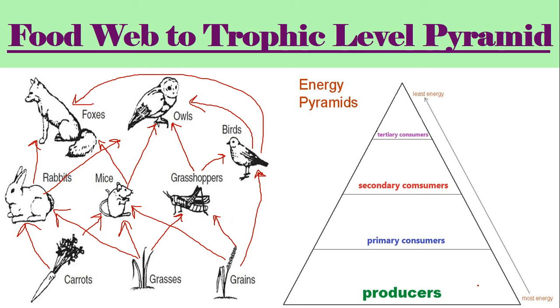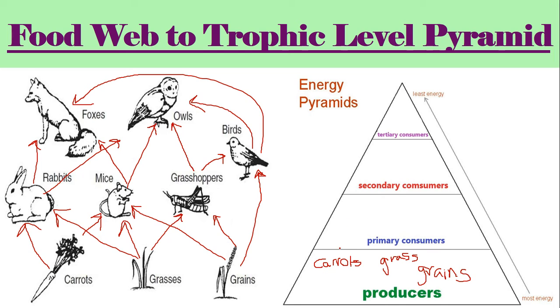So we need to place stuff into the pyramid. So producers, what are the producers in here? Well, we have the carrots, the grass, and the grains. Those are our plants. Plants always go at the bottom in the producers.